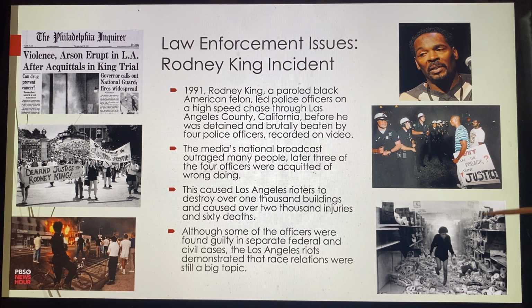You can see here, just throwing things off the counters, going nuts in certain areas, destroying buildings, destroying the streets, ransacking, and hurting people, causing tons of injuries to different people, and even 60 deaths. 60 people died. Now, did that have to happen? So definitely we see now that race relations are still a big topic, especially in Los Angeles and throughout the country at this time.